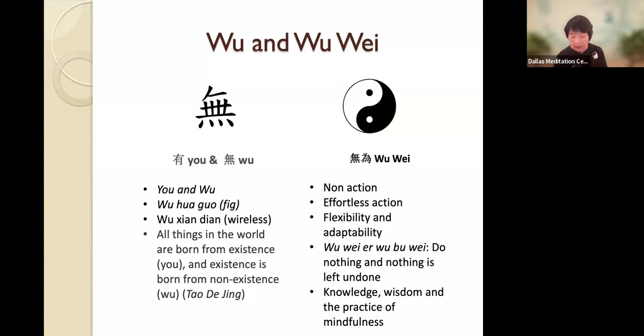So I'll just demonstrate you and wu. I have a candy here. If I have a candy here and if I don't have anything, so this will be, what's the character to say? You, and when do you use this? It's wu, you and wu.